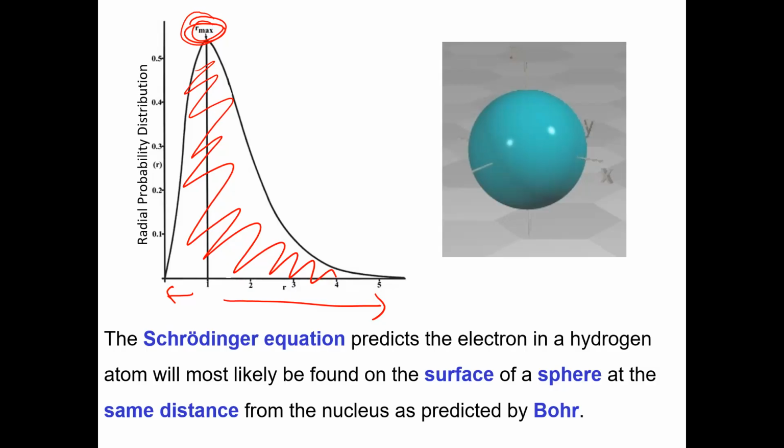So it's got that little bit of fuzziness in there because the electron is really a wave, not a particle, and there is some uncertainty associated with its position.